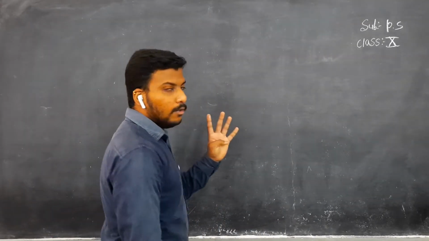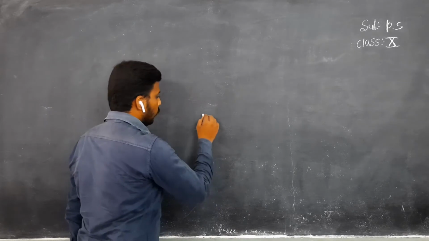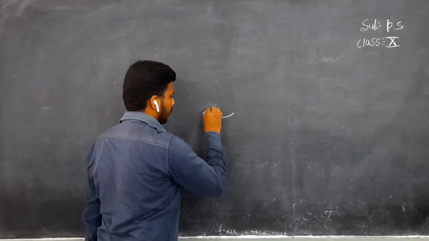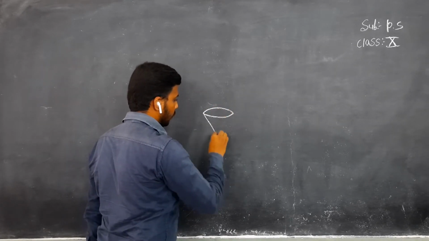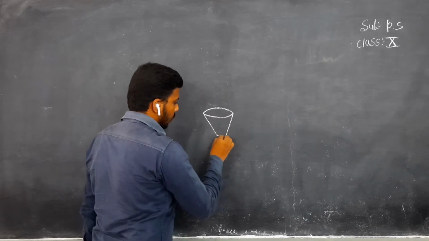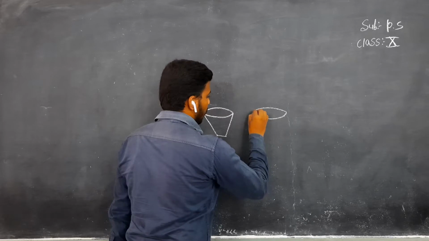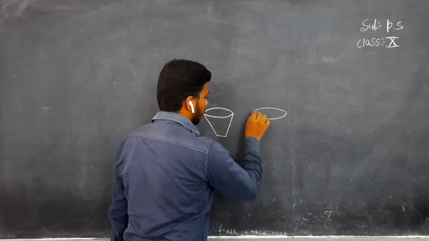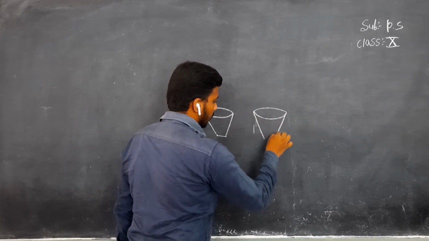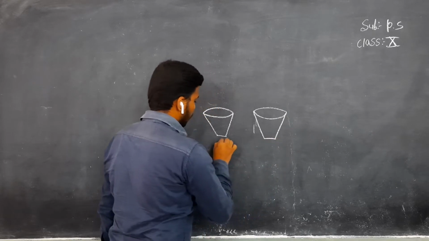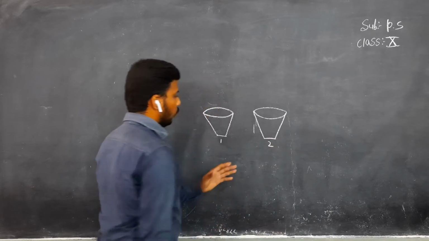For this, you need two petri dishes. This is one petri dish, and this is another petri dish. Petri dish number 1, petri dish number 2.